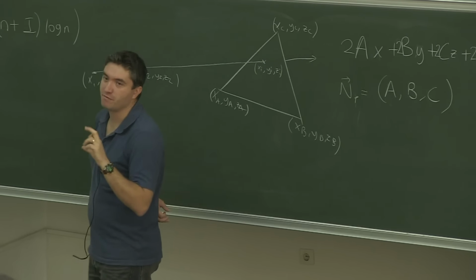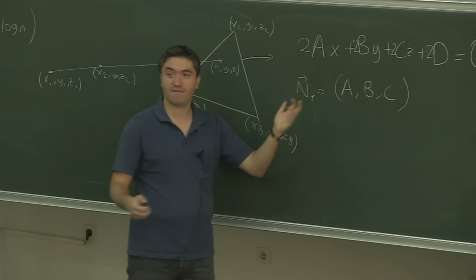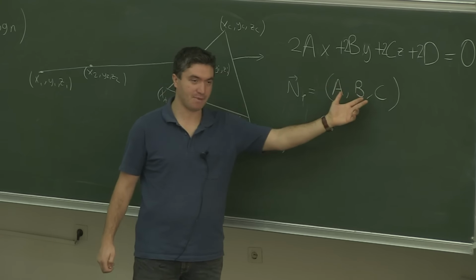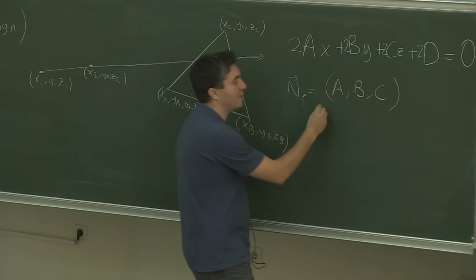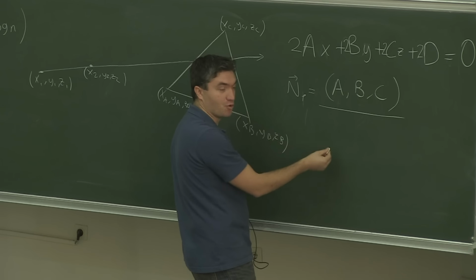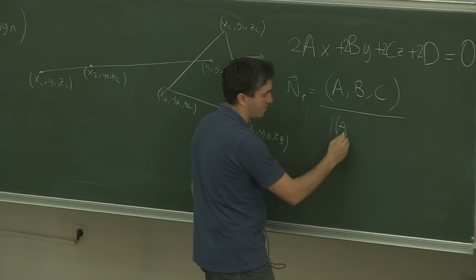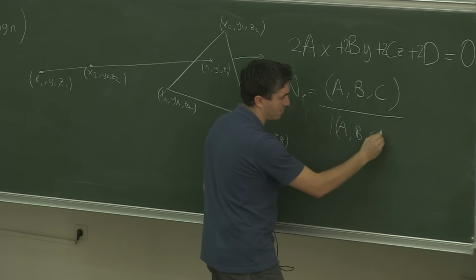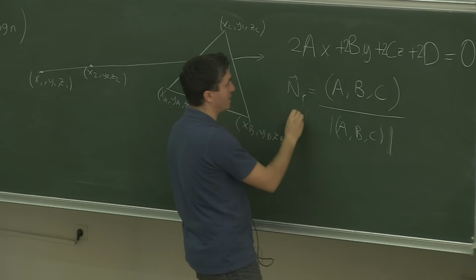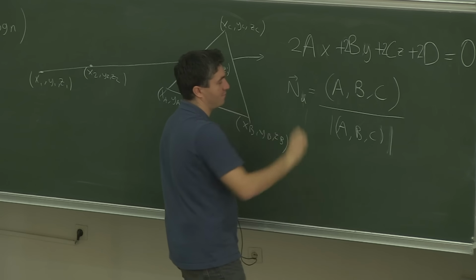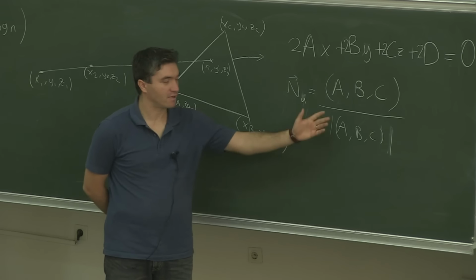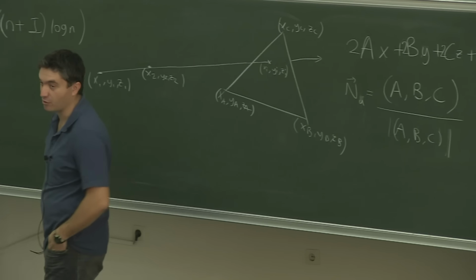If we have found an ABC like this, we can divide this vector by its norm, by its length, to get the unit normal vector along the same direction.